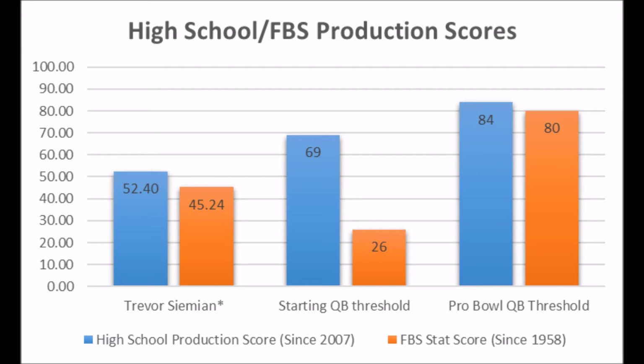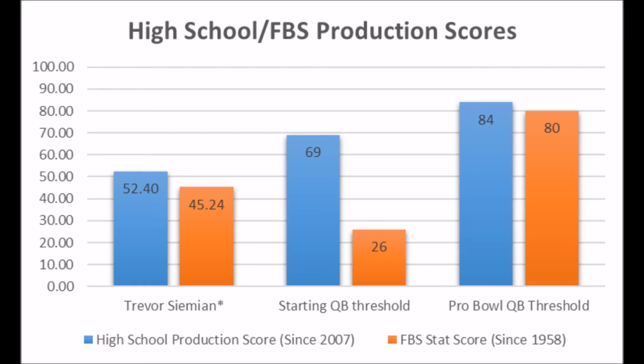And the bottom line is, for Trevor Siemian to become a multiple Pro Bowl quarterback, he would have to become an outlier. An outlier not only in terms of his high school production, but also in terms of his college production. Because realistically, based on his 45.24 score, there's never been a multiple Pro Bowl quarterback to have a 45.24 college production score.